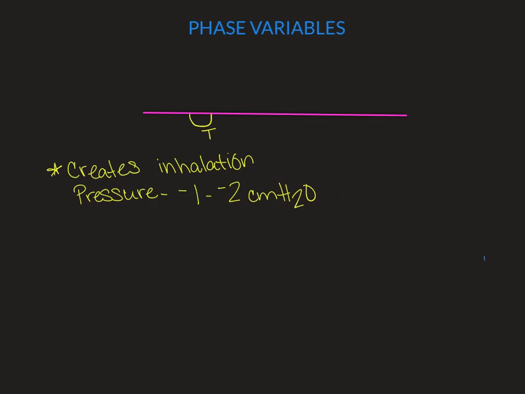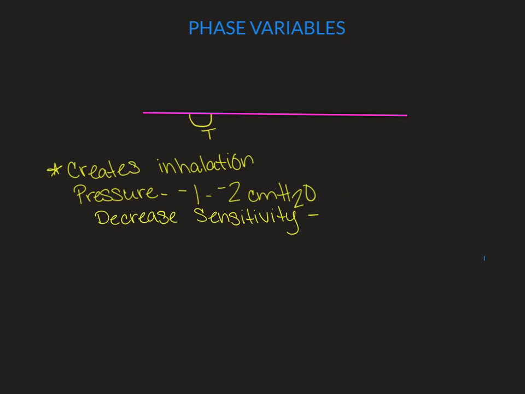If you decrease sensitivity, you'll increase the pressure. Or if you increase the sensitivity, you'll decrease pressure. If you decrease sensitivity, you're going to want to make it harder for the patient to trigger a breath.